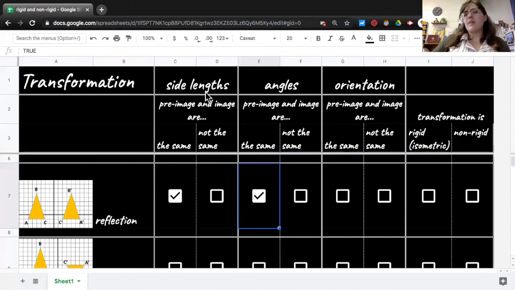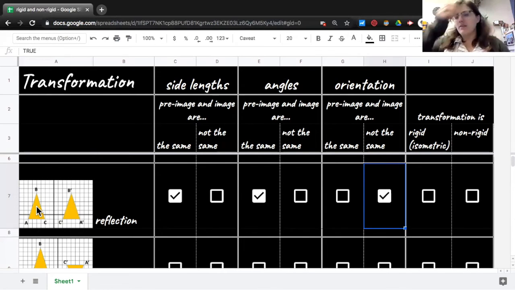So do you think that the orientation remains the same, or is it not always the same? I don't think it's always the same. It is not always the same, correct? Because if it's the exact same, you can't get a real reflection of it.